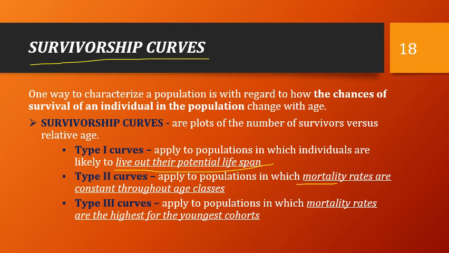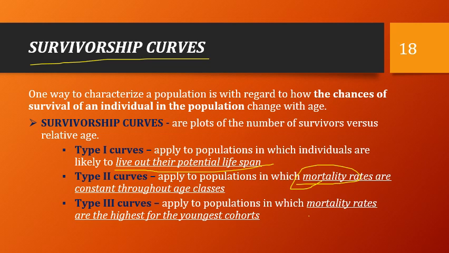Take note of the mortality; when we say mortality, we are pertaining to the death rate. So there is a constant death rate when we are pertaining to the type 2 curve. And the type 3 curve applies to populations in which mortality rates are the highest for the youngest cohort.